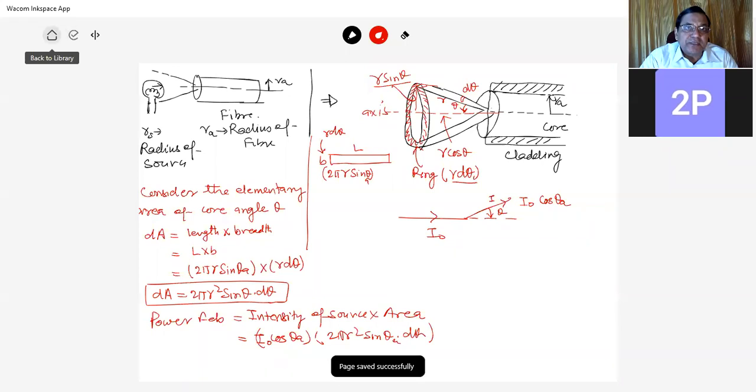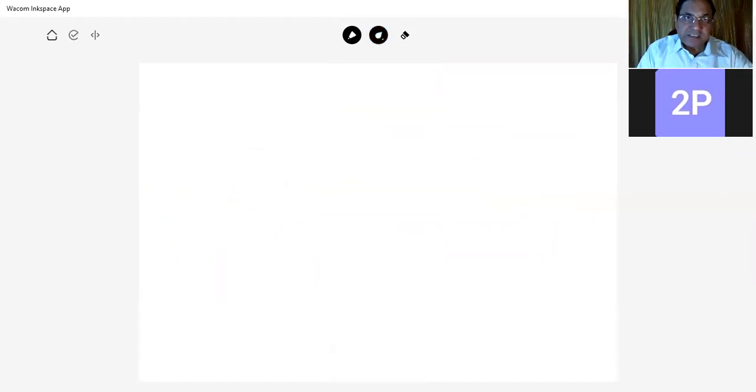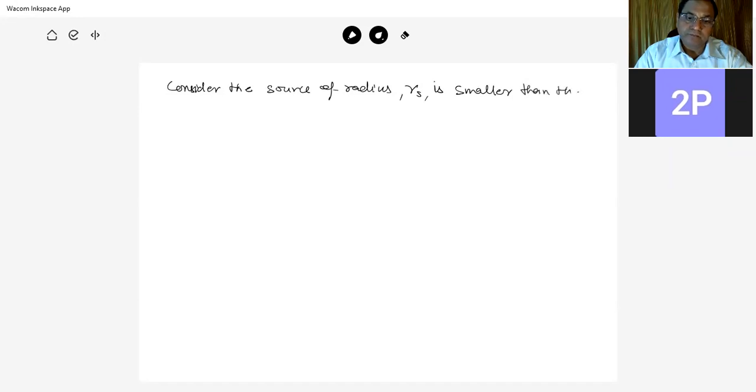So from this expression, consider the source of radius RS smaller than the radius of fiber core RA. That is, RS is less than RA.